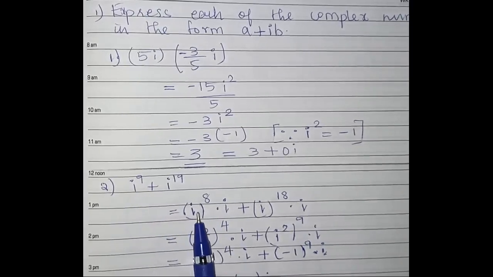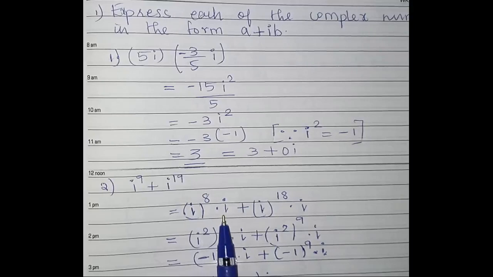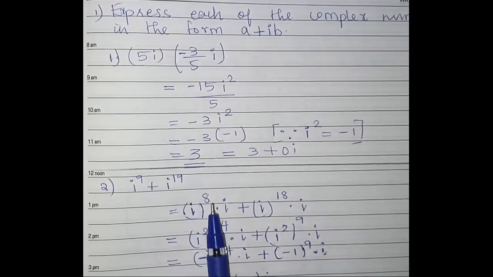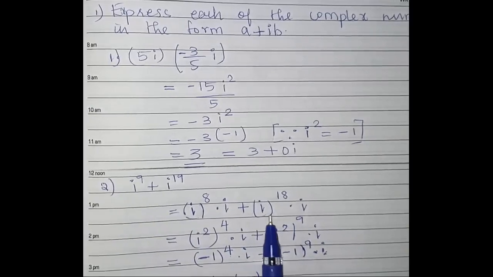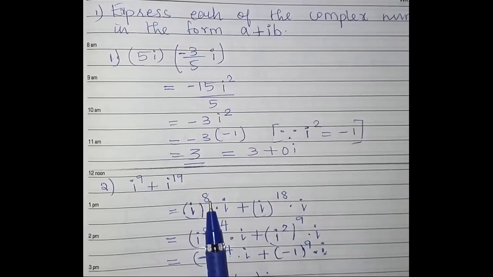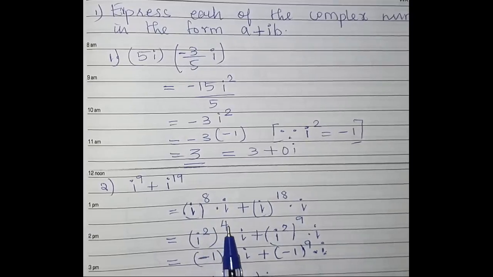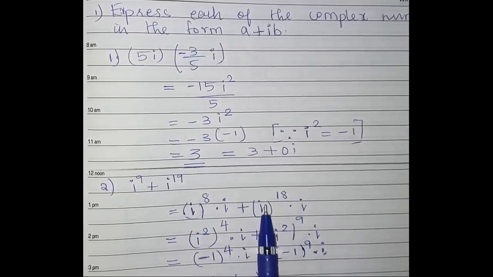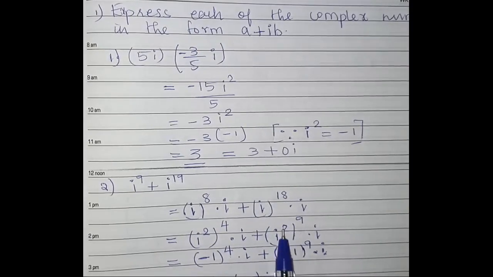So this can be written as i power 8 into i, because when I keep the power as even, it is very easy to write it in the form i square. So always keep the power even. So i power 8 into i is i power 9. Similarly, i power 18 into i is i power 19. Now, i power 8 can be written as i square whole power 4, into i, plus i power 18 can be written as i square whole power 9, into i, because 9 twos are 18.